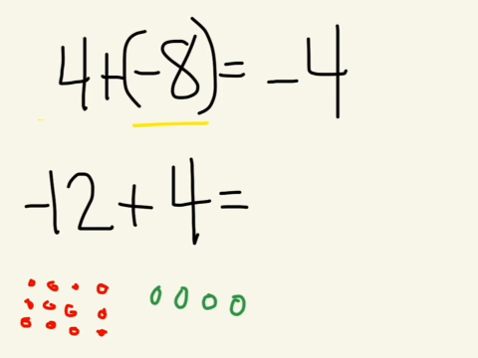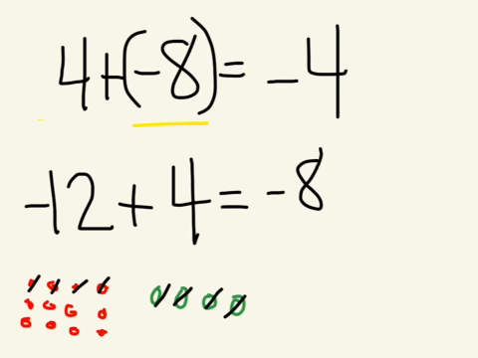And then we can cross off positive and negative, for every negative and every positive. And our answer here, if you count them all up, there's 1, 2, 3, 4, 5, 6, 7, 8. So our answer should be negative 8.